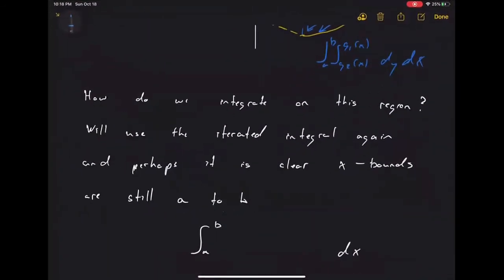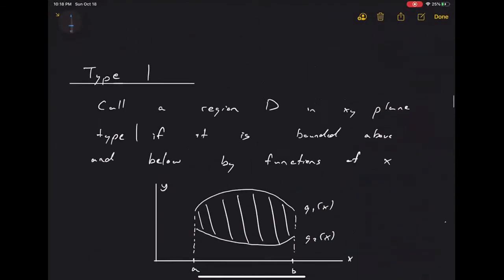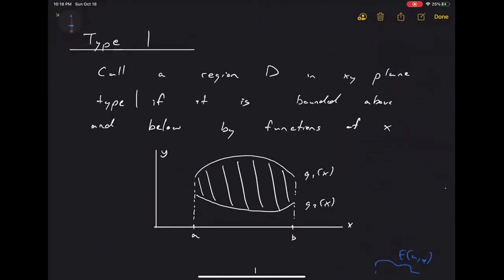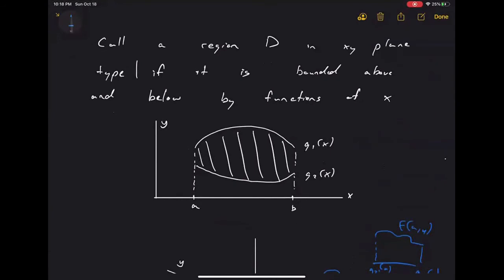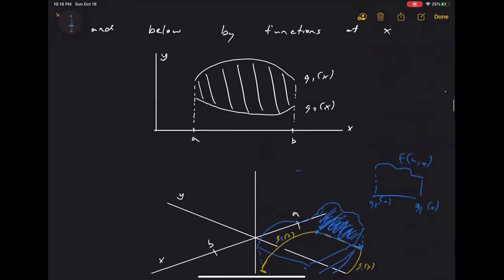Apologies. As I was saying, when we have this type 1 domain, our vertical bounds are functions of x, and our horizontal bounds are just constants. So we're going to have an integral where we have a to b integrating in terms of dx, and then our bounds for y are going to be these functions of x.